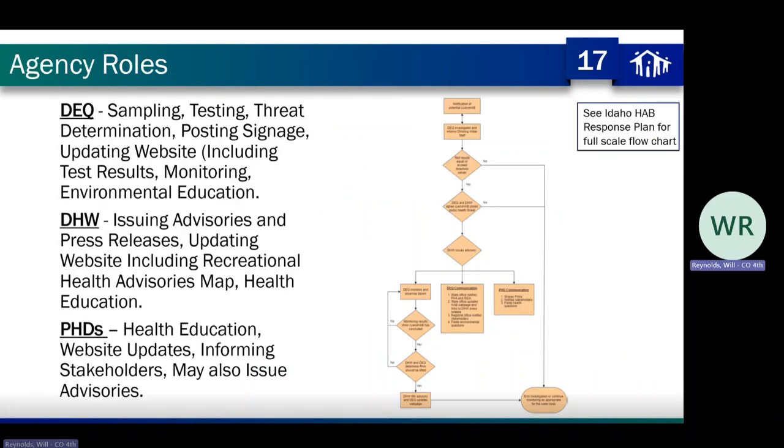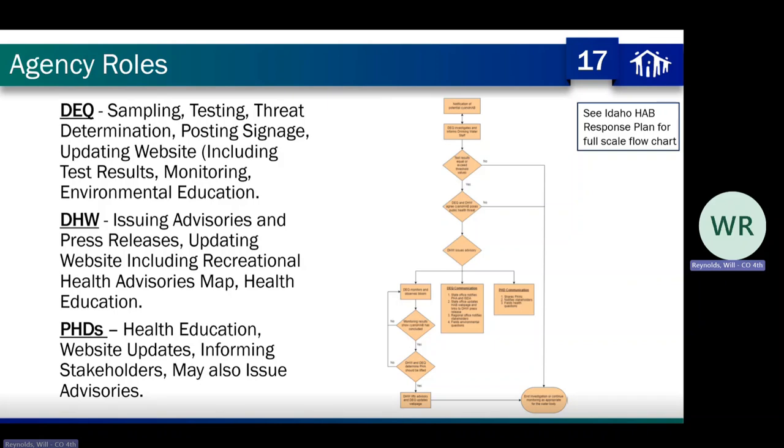So my role with the Department of Health and Welfare, and really our role as a whole, is in health education and determining whether advisories or press releases need to be issued associated with cyanoHABs, and keeping our website updated, including the recreational health advisories map, which I have a link to coming up shortly in the presentation.